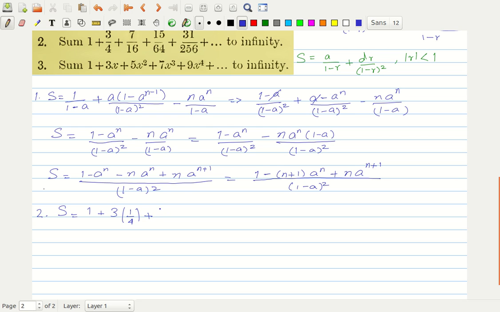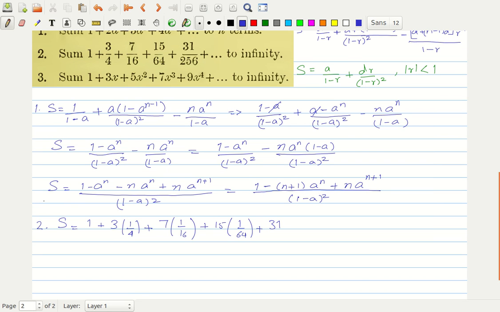Plus 7 times 1 by 16 and plus 15 times 1 by 64 plus 31 divided by 1 by 256.